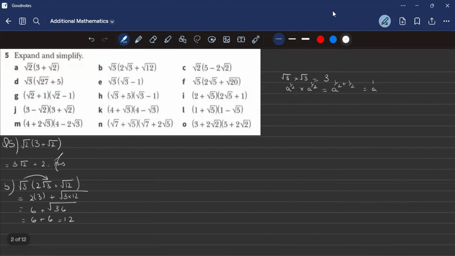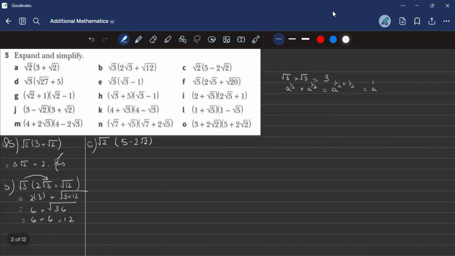Proceeding forward. Sorry, not part B, part C. We have √2 multiplied by (5 minus 2√2).